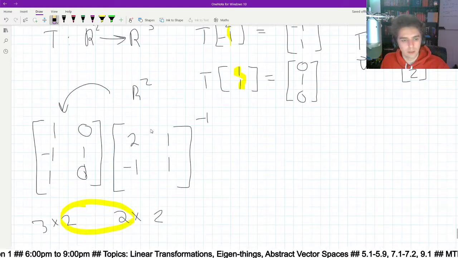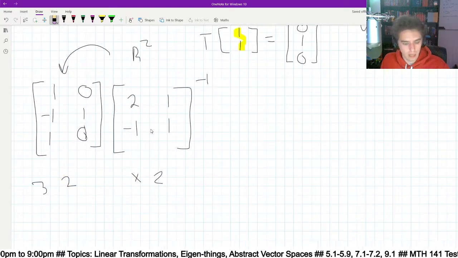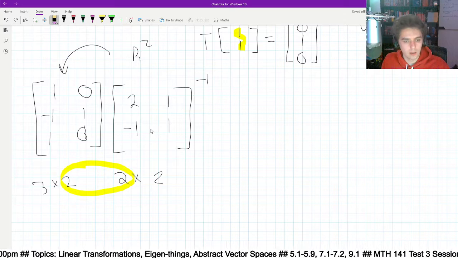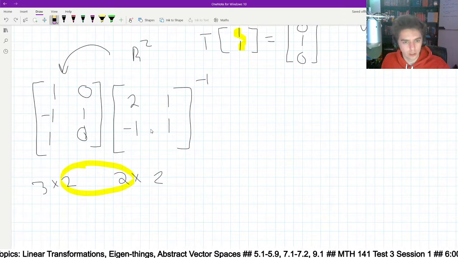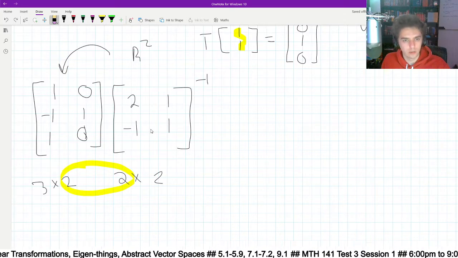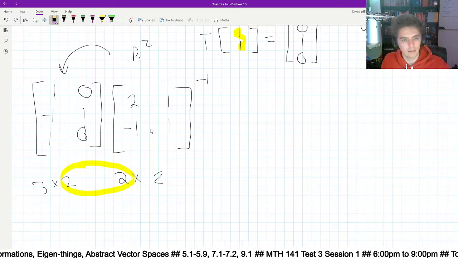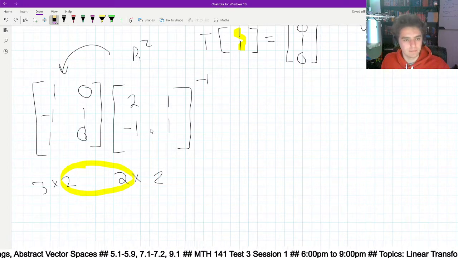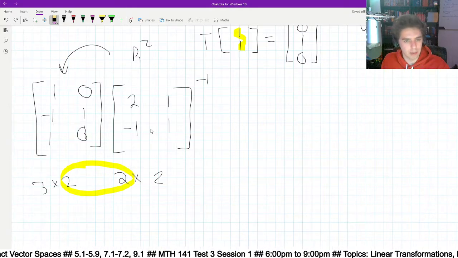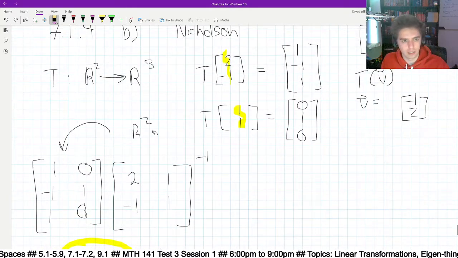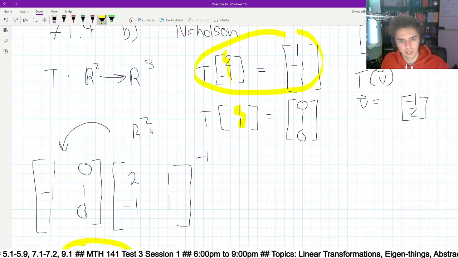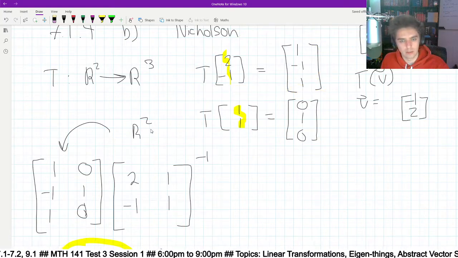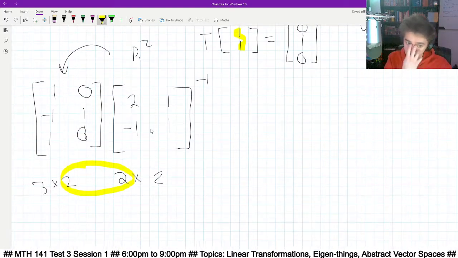And so this middle bit will always match up, because your basis is going to be in R2, in your input space, and you'll always have the two vectors that match with it because from the question, they give you two statements. So this will always work.